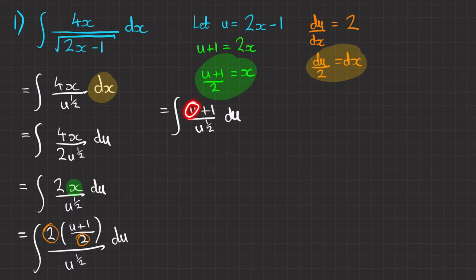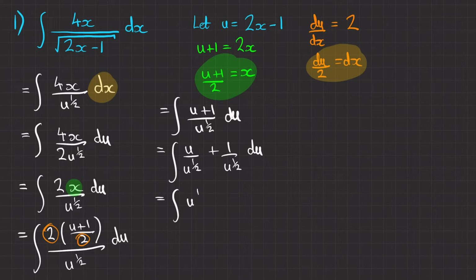I'm now going to split up these two terms at the top because this will be easier for integrating. So we'll have the integral of u over u to the half plus 1 over u to the half with respect to u. Simplify this a bit more, so we'll have the integral of u to the half plus u to the minus half with respect to u.